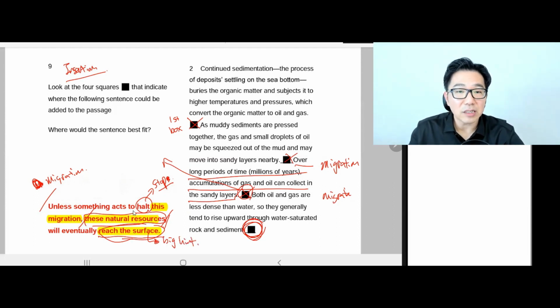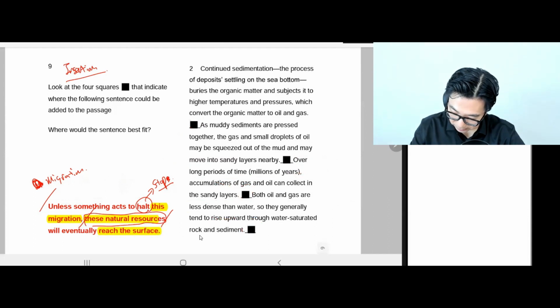So let me read this sentence here. Unless something acts to halt this migration. So what is migration here? Migration of oil and gas rising upwards. Okay? So unless something acts to halt this migration, these natural resources, both oil and gas, will eventually reach the surface because they keep rising.